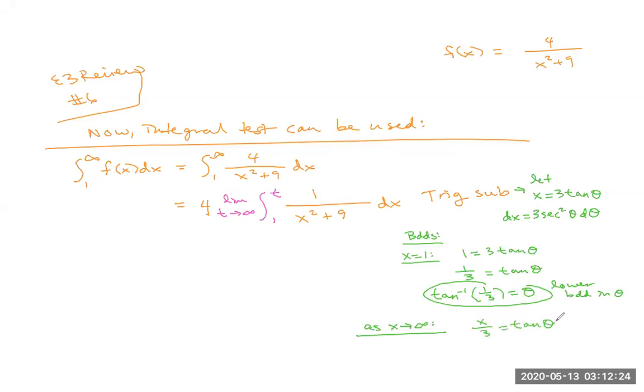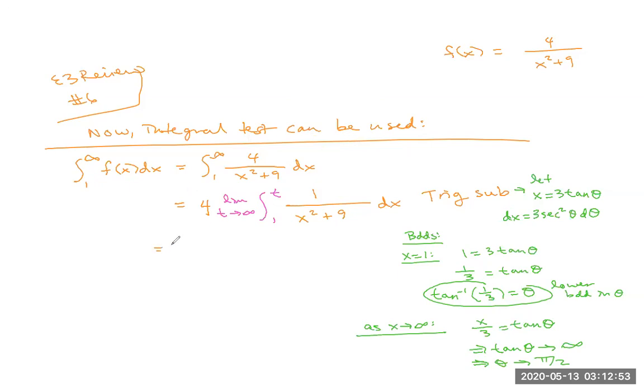Isolate your tangent theta and think about what happens as x over 3 essentially starts to go to infinity. Well, that means that tangent theta is moving toward infinity, and that happens when theta moves toward pi over 2. So trig stuff, got to go back and review trig stuff as well.